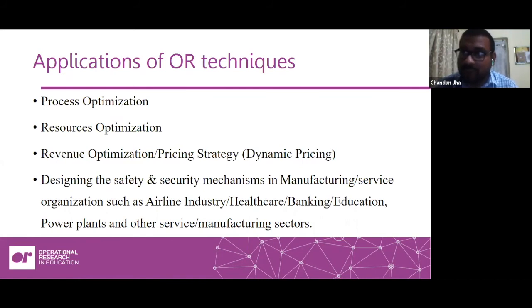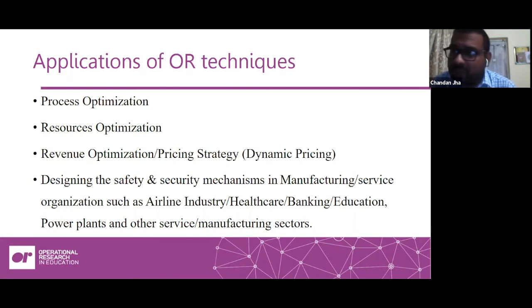If we compromise on quality, then customer satisfaction will decrease. So without compromising the quality of any product or service, how to minimize time and cost. That is how process optimization is applicable in the various service economy or manufacturing sectors.